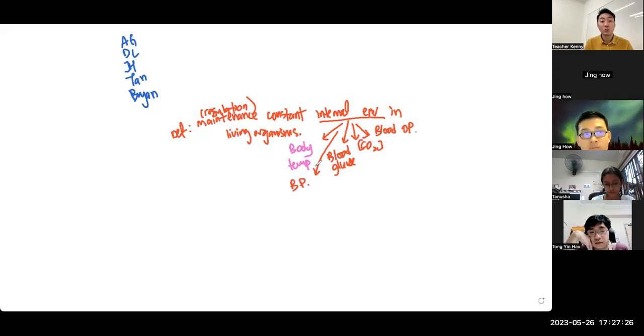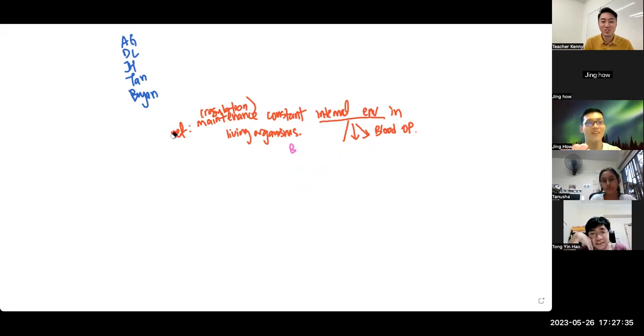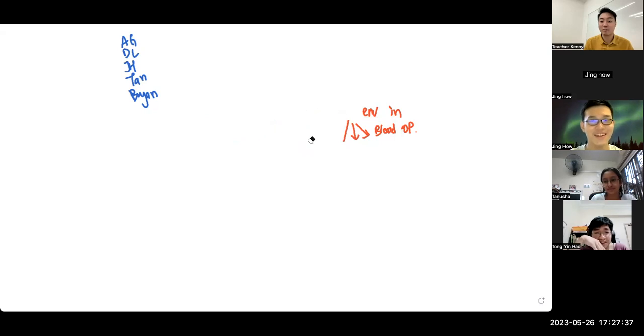Fine. Now, today I will do the easier one. Blood osmotic pressure. Teacher, what is blood osmotic pressure? I know a lot of you don't know what it is, that's why I want to focus on this. The temperature is too easy already.